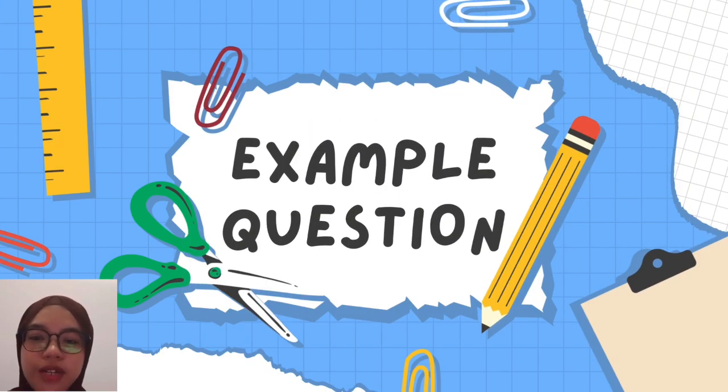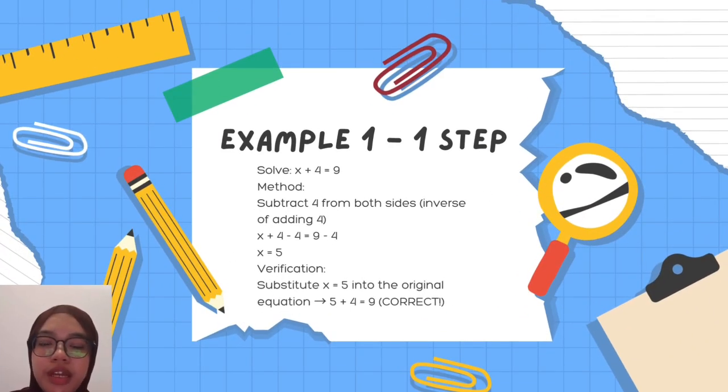Now, let's go to the example questions. Example 1, a one step problem. Solve x plus 4 equals 9. Method: subtract 4 from both sides, the inverse of adding 4. x plus 4 minus 4 equals 9 minus 4, and x equals 5.